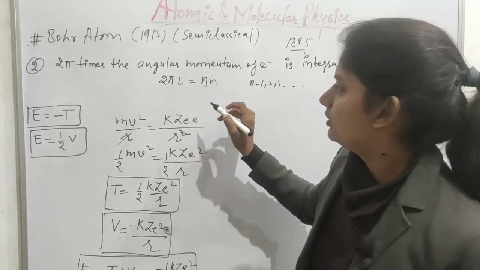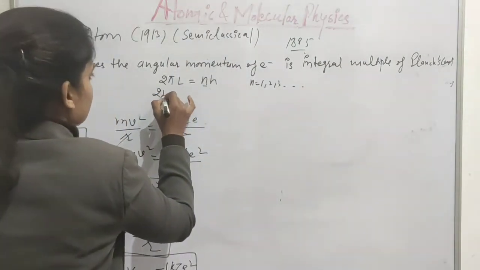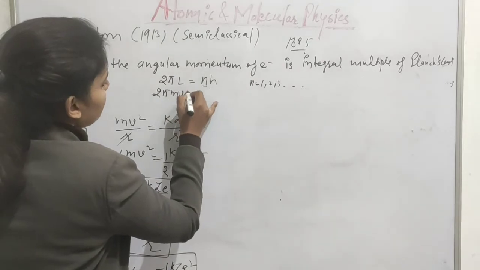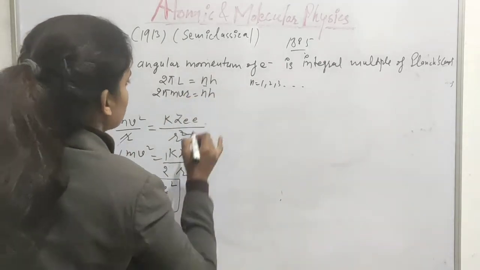So on solving, 2 pi times the angular momentum L, which can be written as the moment of linear momentum, is equal to nh.